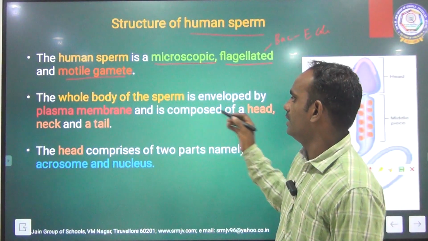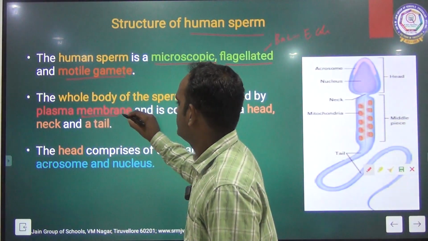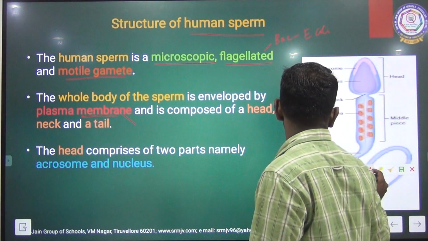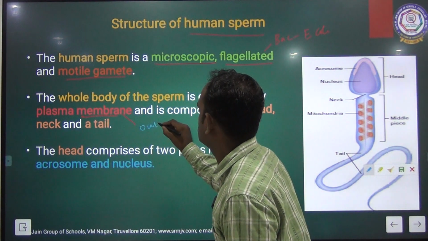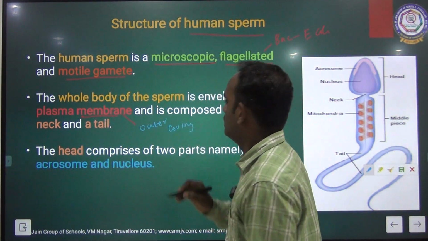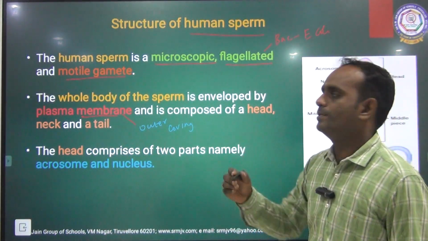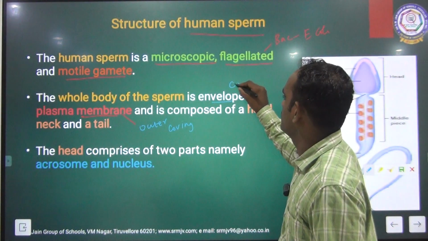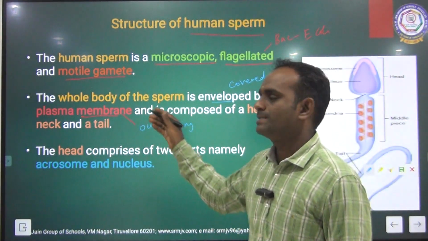The whole body of the sperm is enveloped by plasma membrane. Plasma membrane is nothing but the outer covering. The whole body of the sperm is enveloped, meaning covered or enclosed, by plasma membrane.